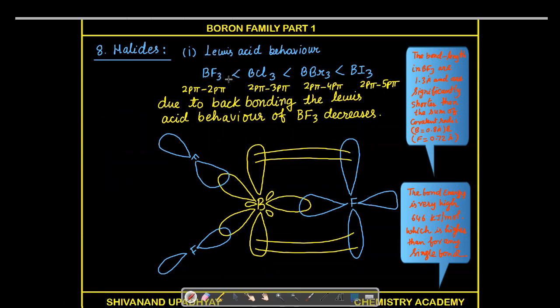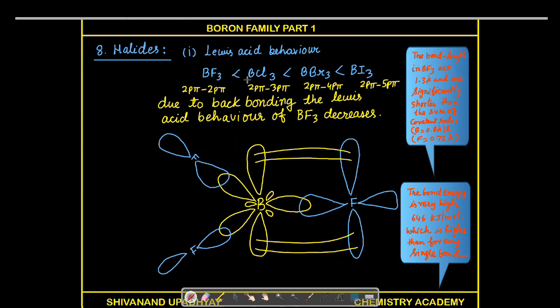So in case of boron halides, when we are moving from fluorine to chlorine to bromine to iodine, the Lewis acid strength is increasing in this order. And we can explain this. Lewis acid strength for BF3 is low. Why is it low?